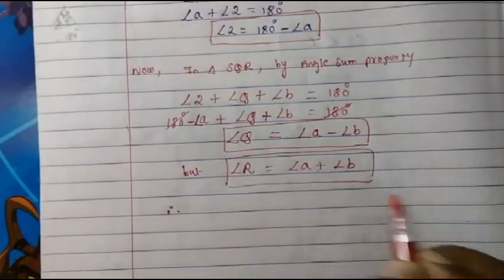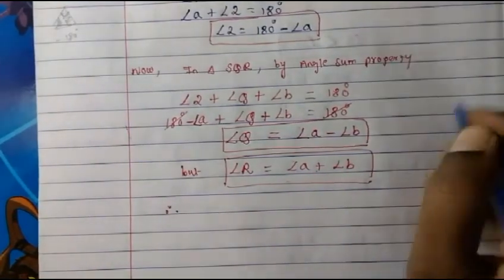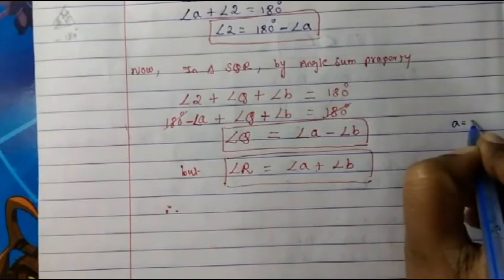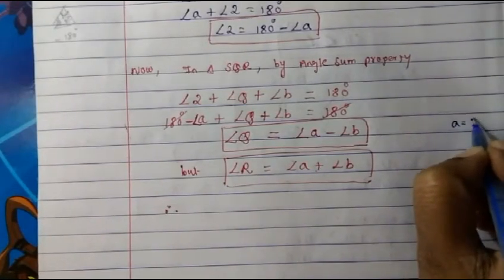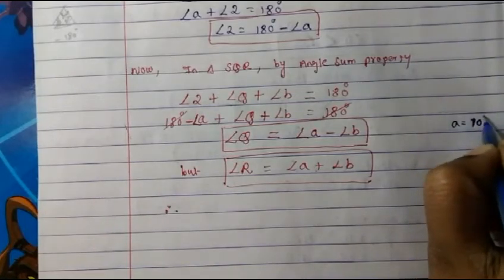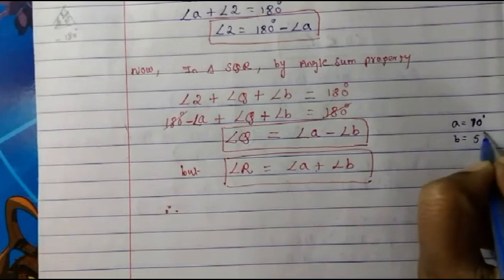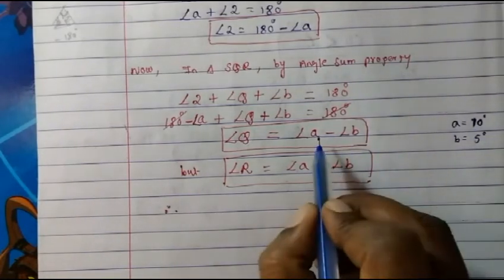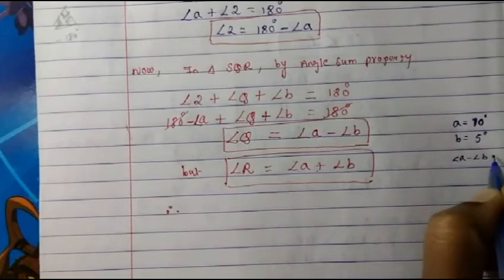Which one will be greater now? Let's take a value of A. Let's take 10 degrees, and B I keep as 5 degrees. Now angle A minus angle B will be what?